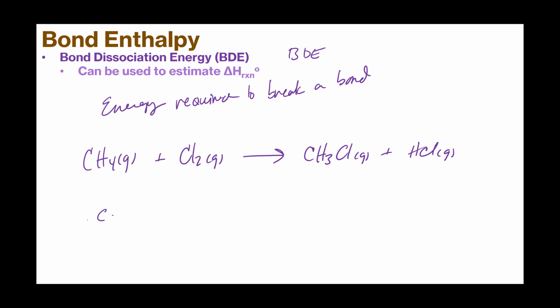Methane looks like this. Cl2, that's easy enough. This is going to give us methyl chloride, like so, and an HCl.